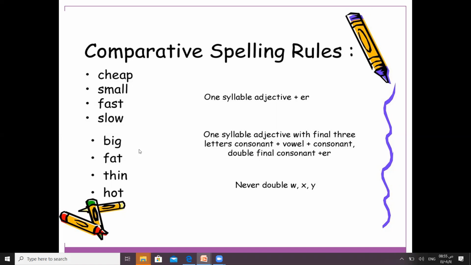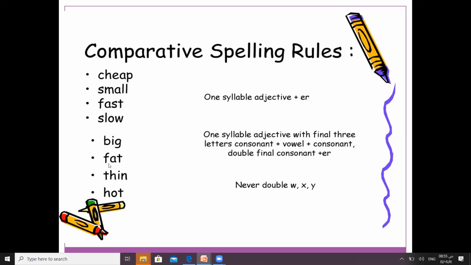What I will do is double the last letter, like big. Big, if we want to make it comparative, it will become bigger, double G-E-R. Biggest, double G-E-S-T.